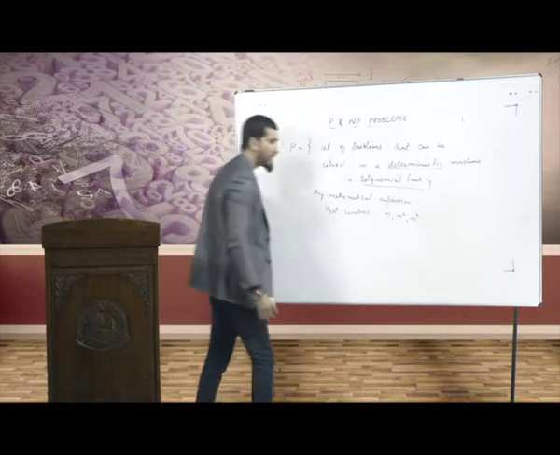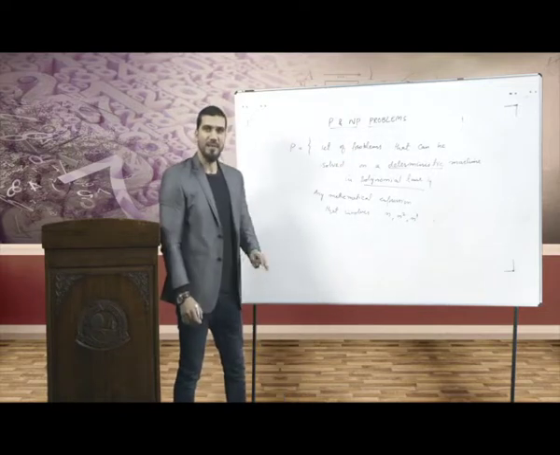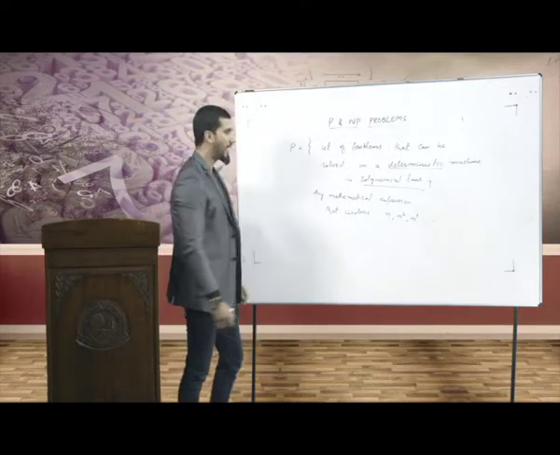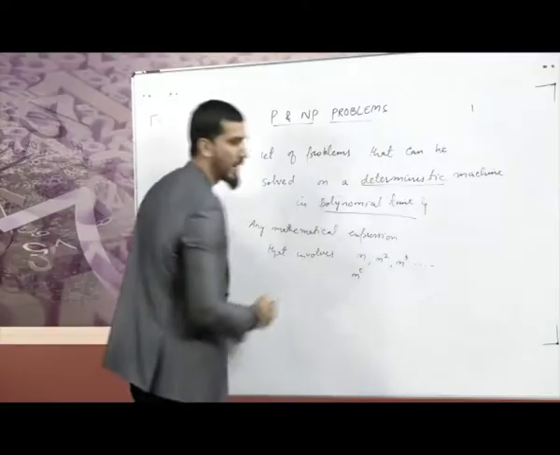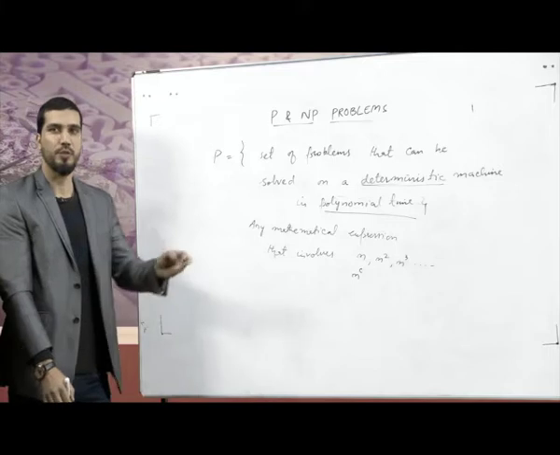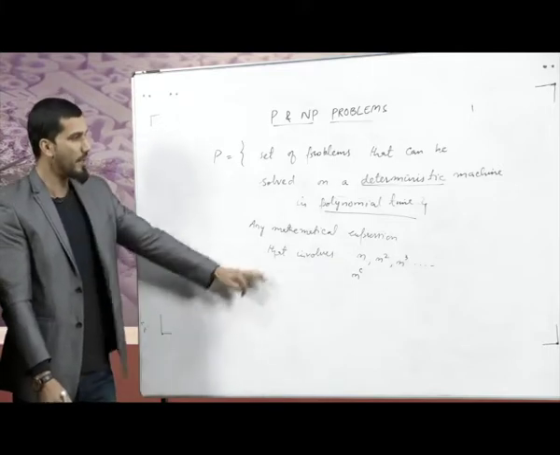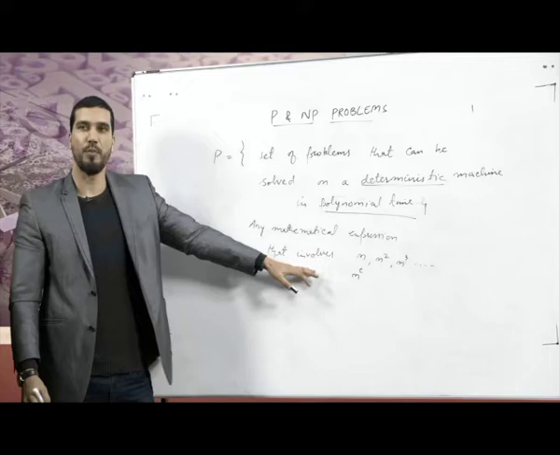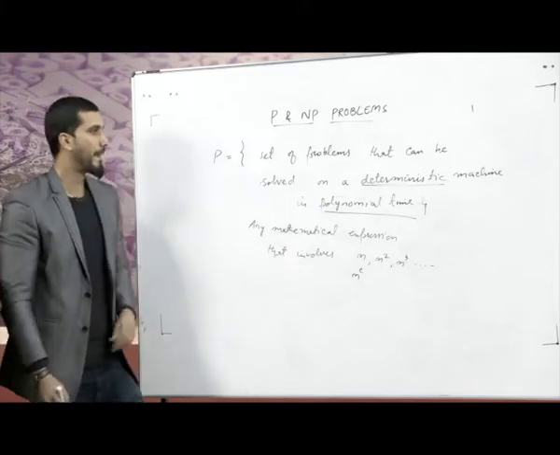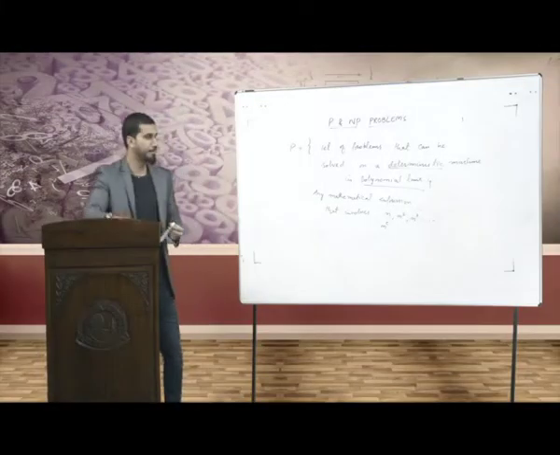In general, we can say any mathematical expression that involves n in the form of n to some power constant c. C can be any constant, it can be 1, 2, 3 and so on. So any mathematical expression that involves any of these terms means polynomial time. Now let's define NP.